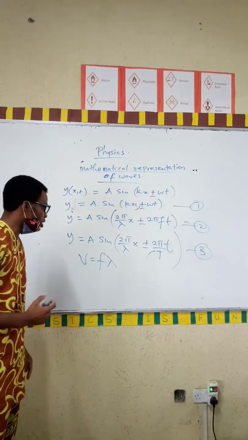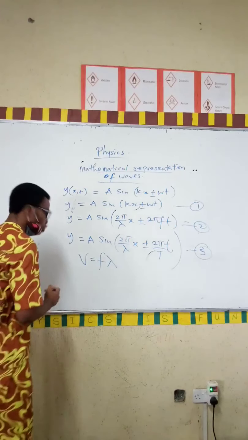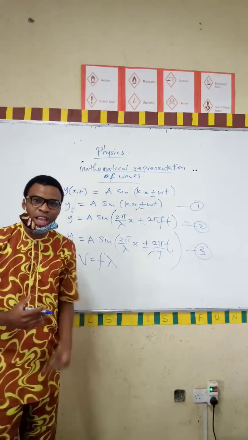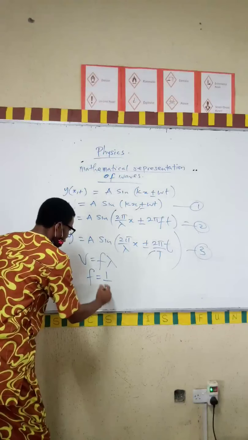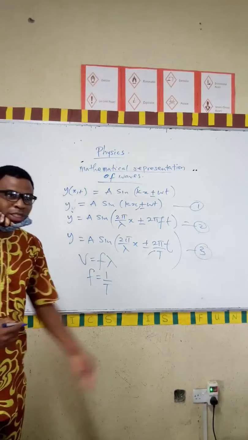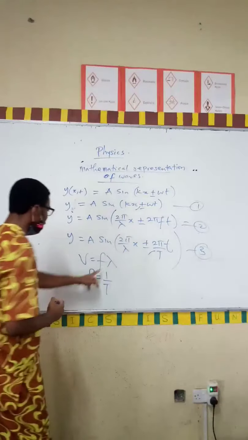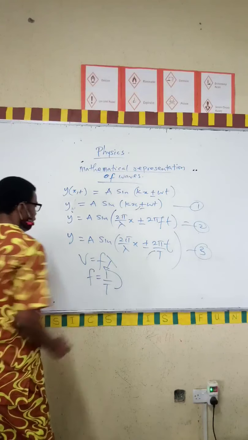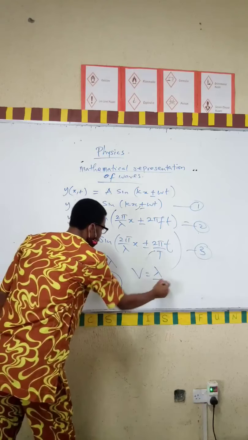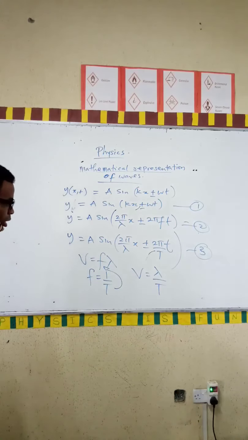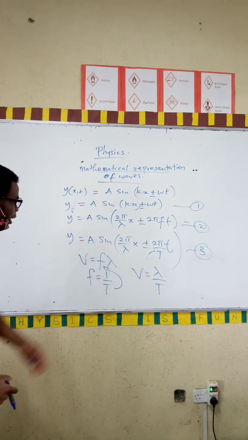I can decide to change frequency, because we know the relationship between period and frequency is f = 1 over T. So if I change this, I'm going to have v = lambda over T. Can I make capital letter T the subject?